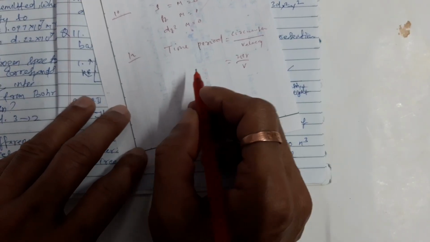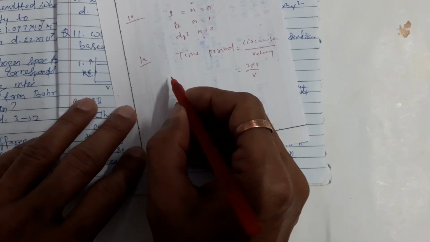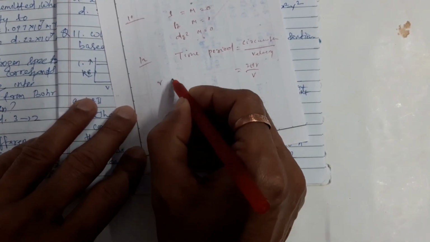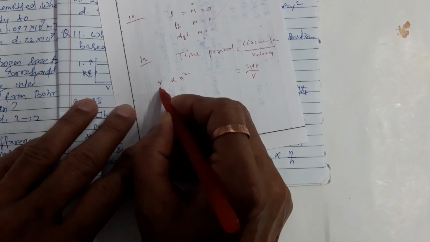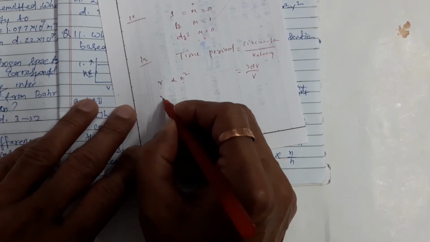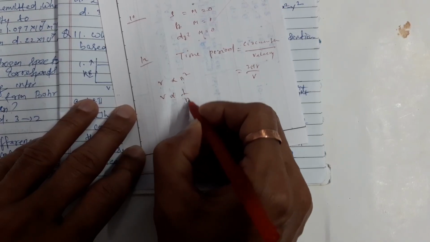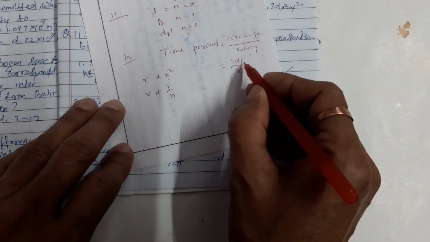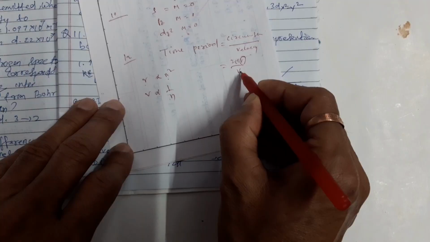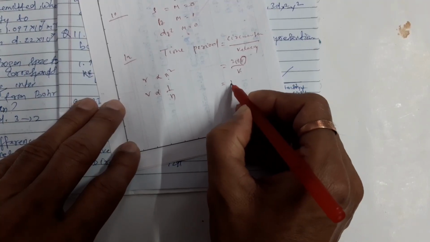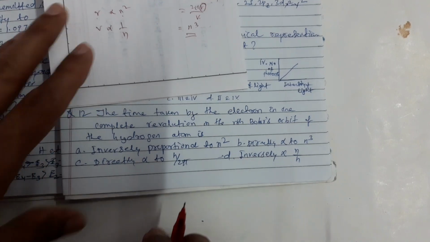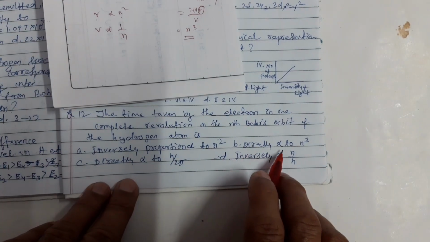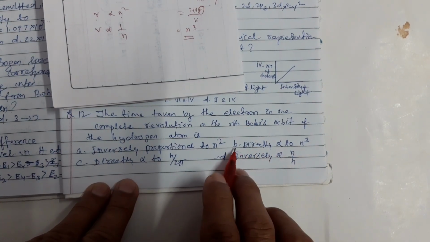But we know the radius is directly proportional to n square, and the velocity is proportional to 1 by n. Combining these, it will be proportional to n cube. So choice B is the correct answer.